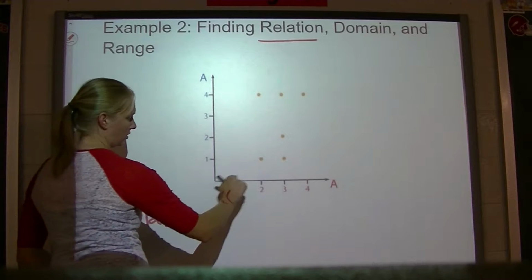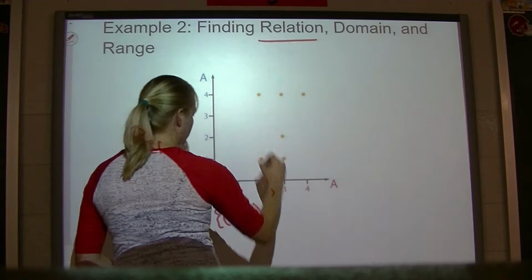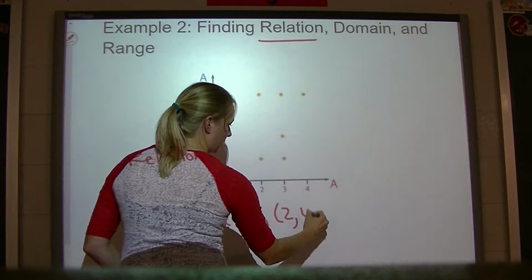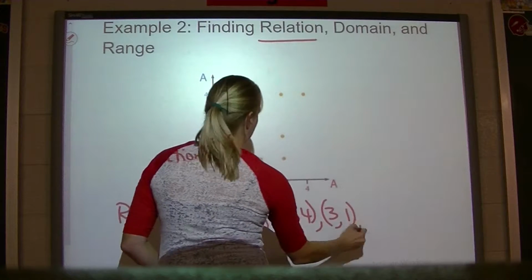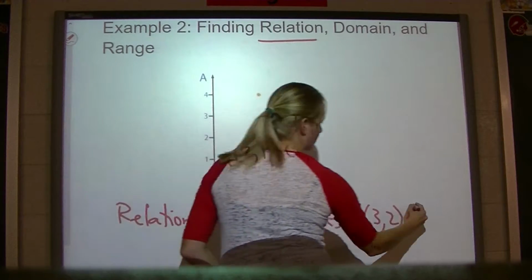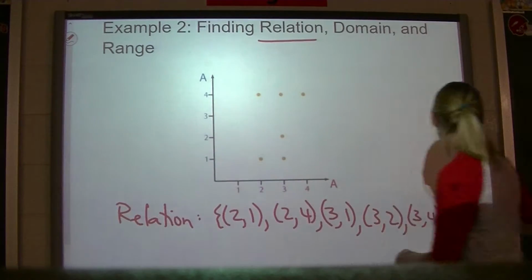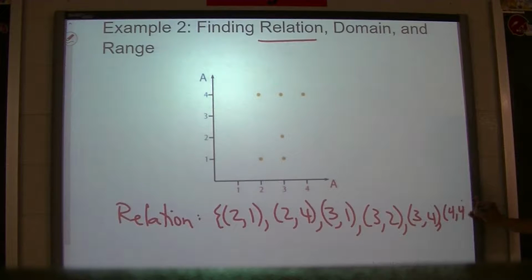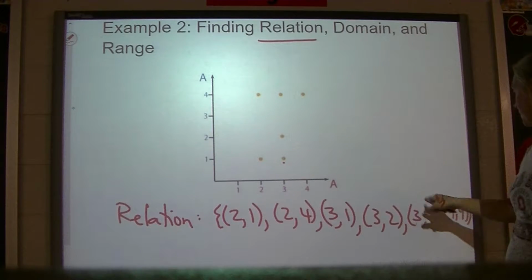So our relation here is (2, 1), (2, 4), (3, 1), (3, 2), (3, 4), and finally (4, 4). Okay, and that's our relation, every ordered pair in the set. So there's our 1, 2, 3, 4, 5, 6 ordered pairs.